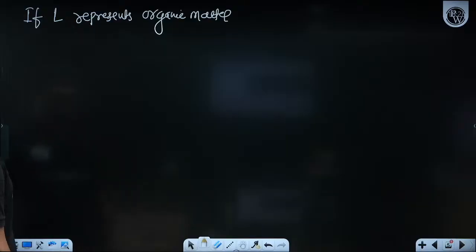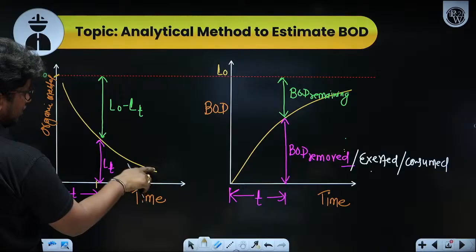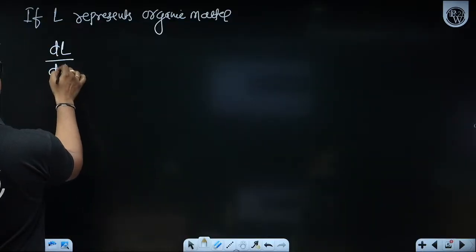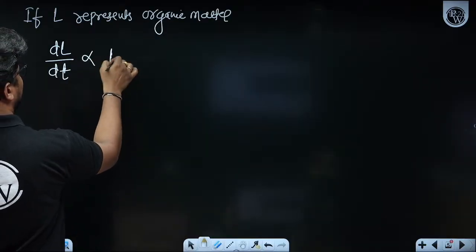Okay, so if L represents organic matter, for the exponential decay, I can write dL/dt is directly proportional to Lt.